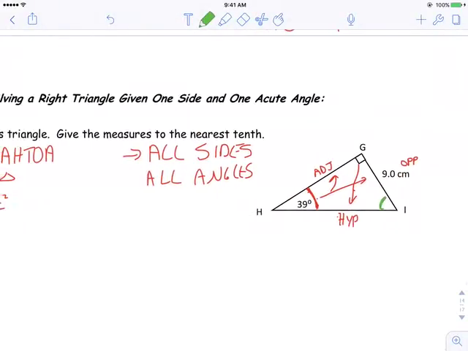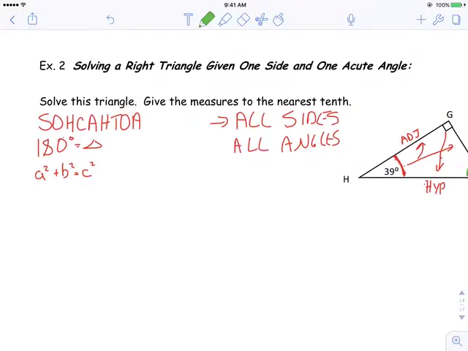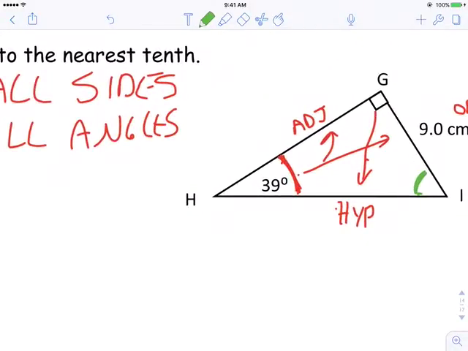Now remember, these tools that we have, SOHCAHTOA, 180-degree rule, and Pythagorean theorem, you can choose. Whichever way is going to get you to the final answer is perfectly fine, unless questions specify.